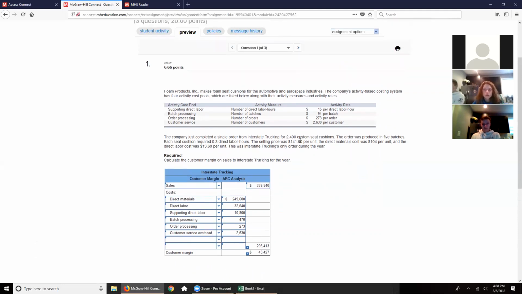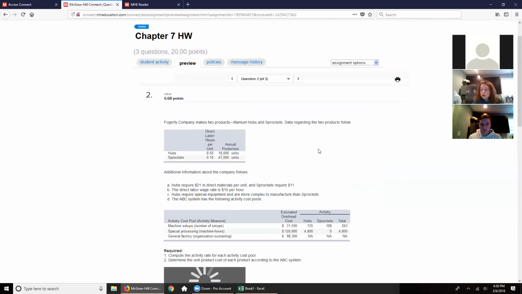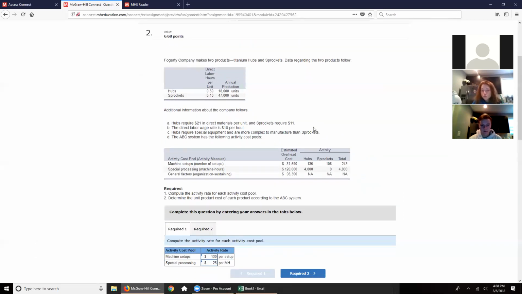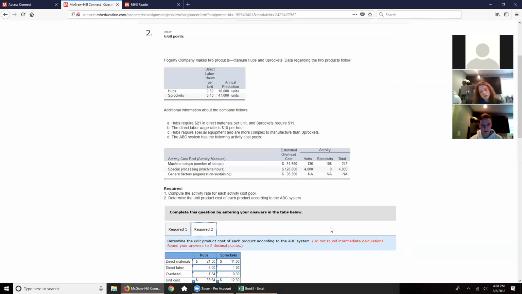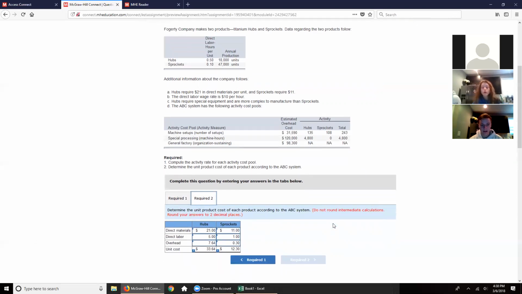And then 2. The biggest thing I struggled on there was between the hubs and the sprockets. I got requirement 1 pretty quick, as far as how to calculate the activity rate for each one. But crossing over to requirement 2, it took me a while because we had to do the overhead rate again.